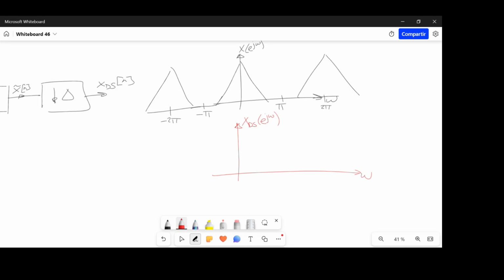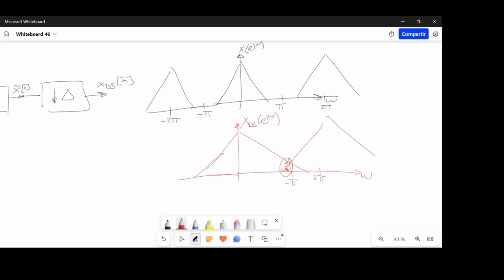The spectrum will be expanded. So this will expand, this will expand, and this one will also expand. You have this as aliasing. This overlapping is the aliasing.